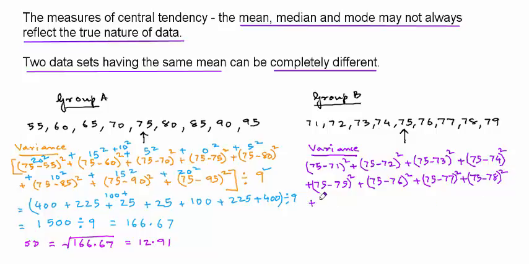One more term, plus 75 minus 79 square, and all of that divided with 9.